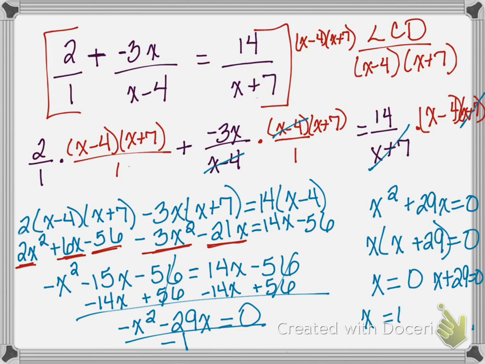So my answers are 0 and what? Negative 29. Excellent. Okay, and I know I erased my undefined values. Were 0 or negative 29 part of my undefined values? No. So I'm good. So these are my answers.